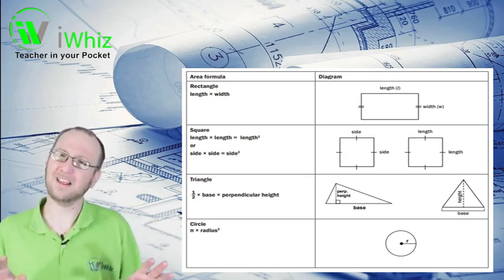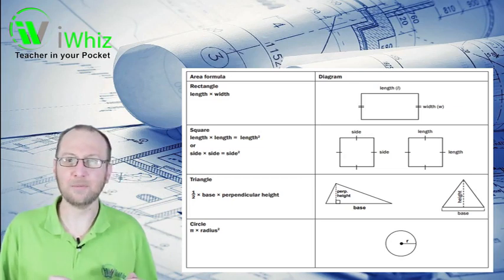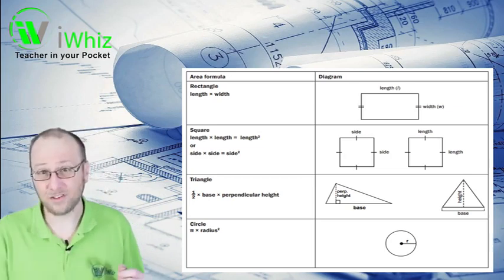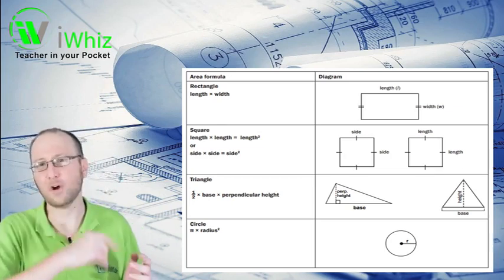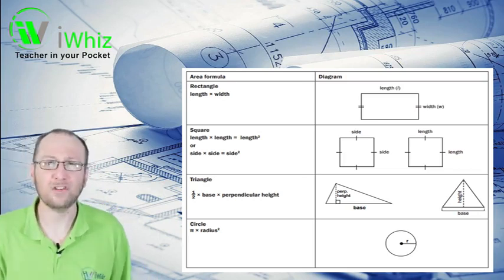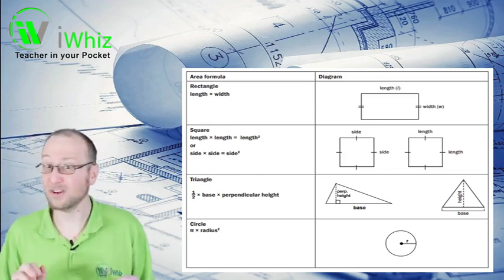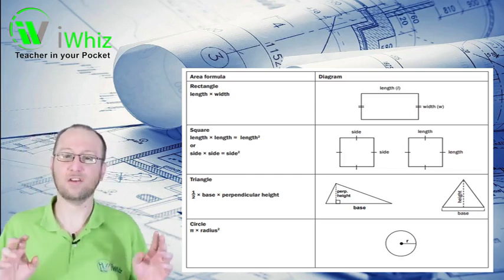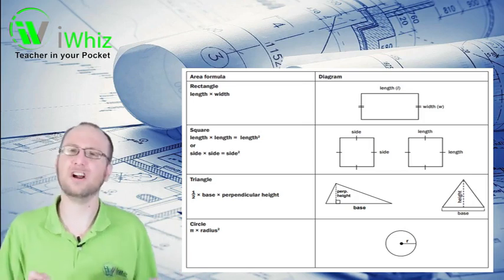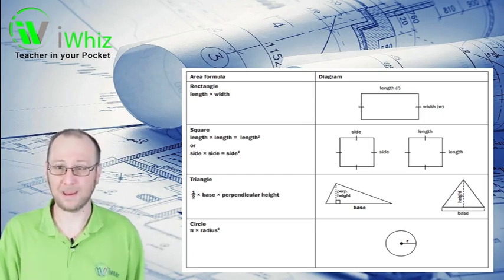So to find the area of a triangle, it's a half times the base of the triangle times the perpendicular height. And then finally, circles, like with perimeter, we need a special formula using pi to calculate these. The area of a circle is calculated using the formula pi r squared.